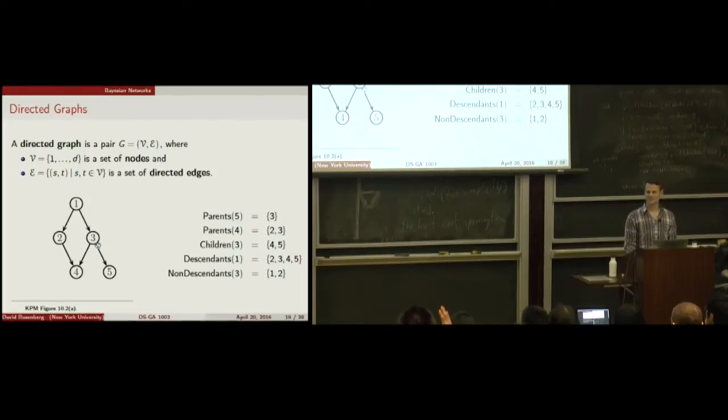Will there be a cycle in our graphs? Like 1 depends on 2, 4 depends on 2. So you're asking, is there a dependency cycle in this graph? Good question. If you ignore the direction of the edges, then this is a cycle.